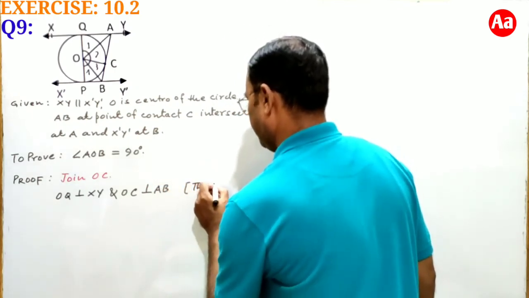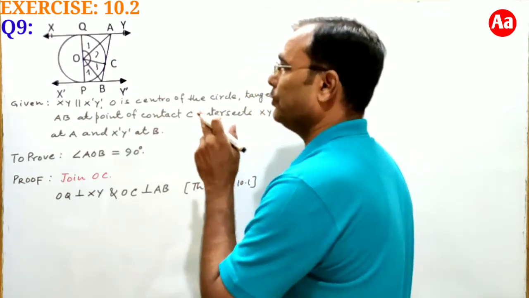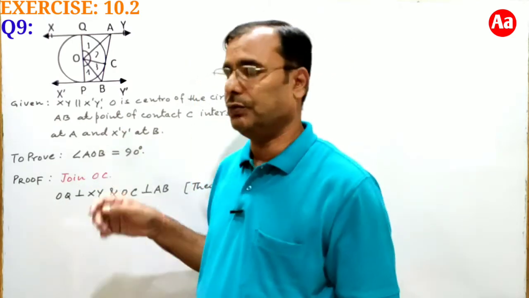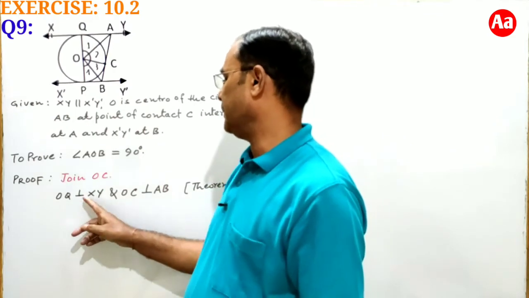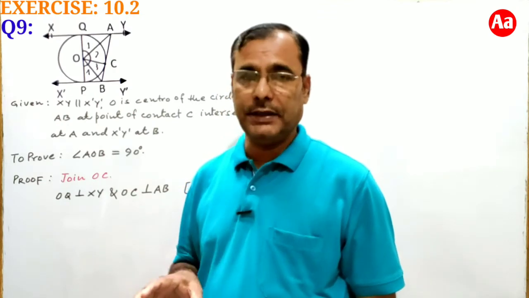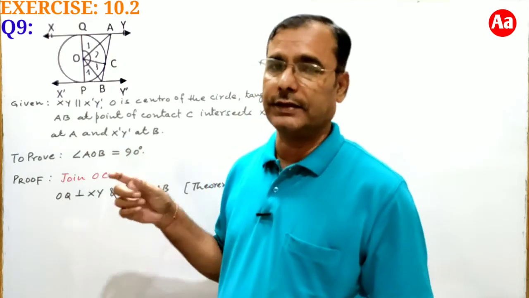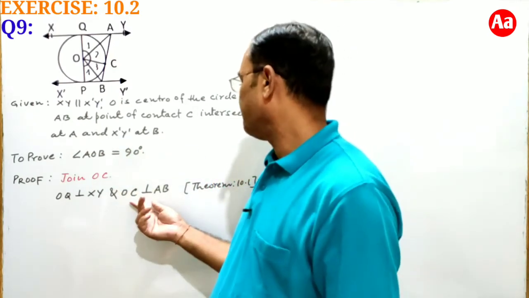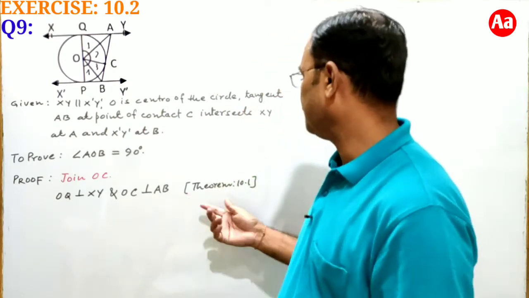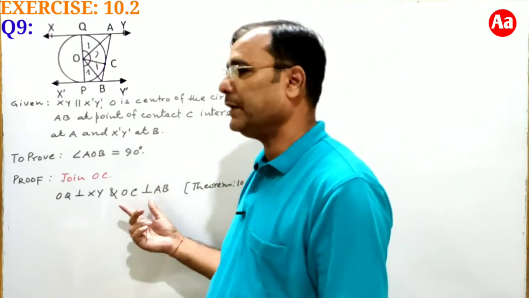According to theorem 10.1, because OQ is radius and XY is a tangent at point of contact Q, so radius is perpendicular to the tangent. C is also point of contact of tangent AB, so OC is also radius through point of contact C, so OC radius is again perpendicular to tangent AB. So according to theorem 10.1, we have written OQ perpendicular to XY and OC perpendicular to AB.